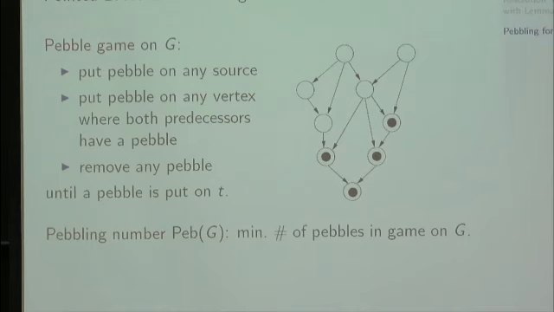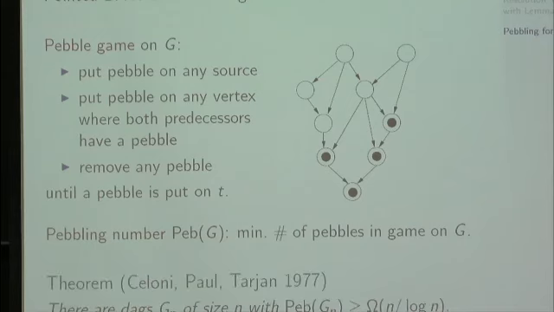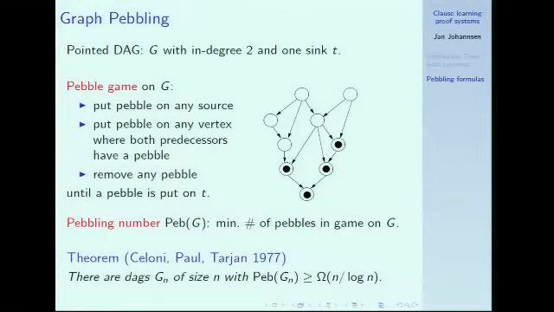And a well-known classic result of Celoni, Paul, and Tarjan from the 70s says that there are families of graphs which have an almost linear pebbling number. They require n over log n many pebbles to reach the sink. So these have n nodes: graphs of size n which require almost linearly many pebbles to finish this game.